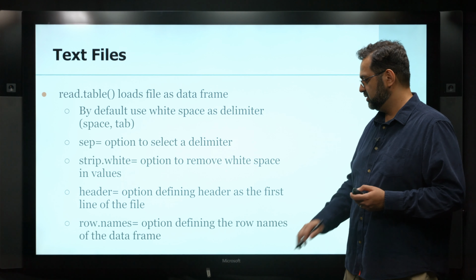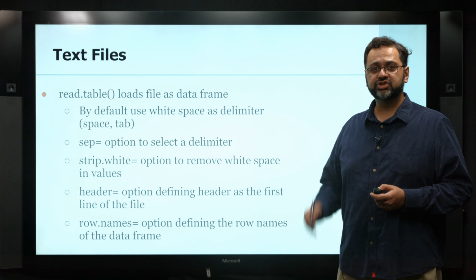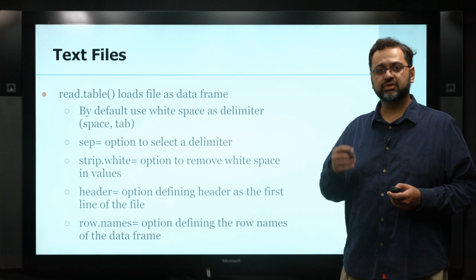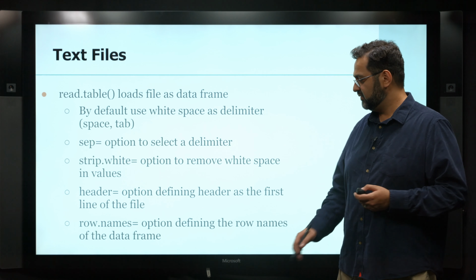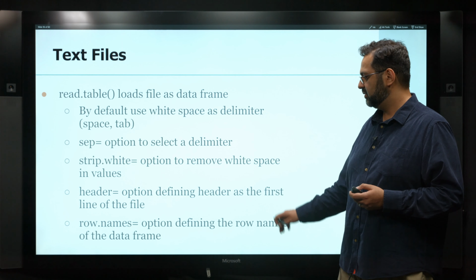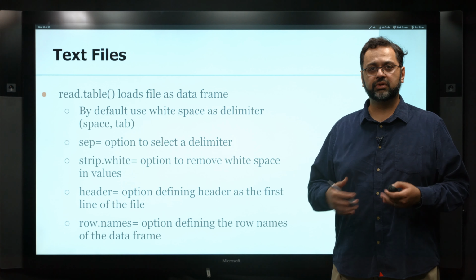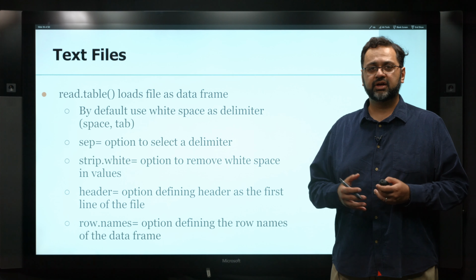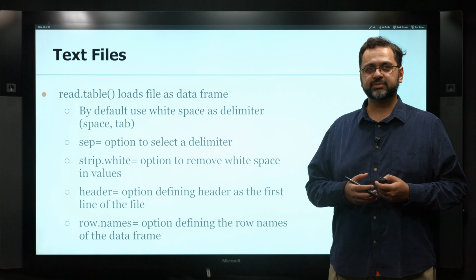That's always helpful. And you can also tell it which of those columns actually contains the row names. So these are, again, very helpful parameters that will allow you to load in the file in the easiest and simplest way possible.